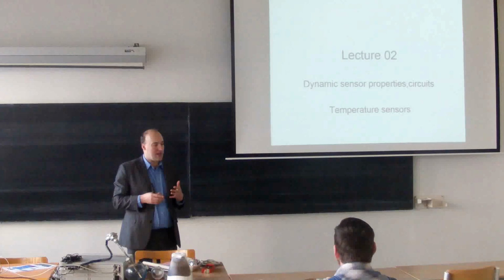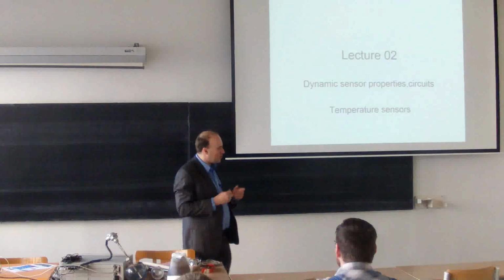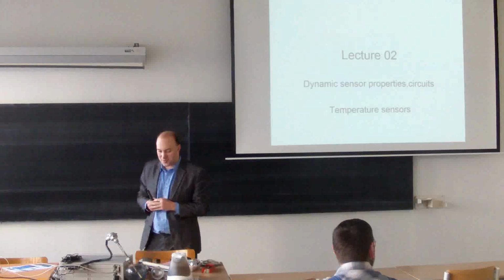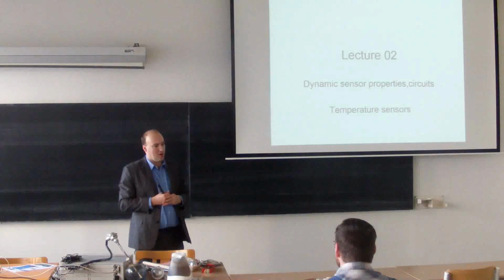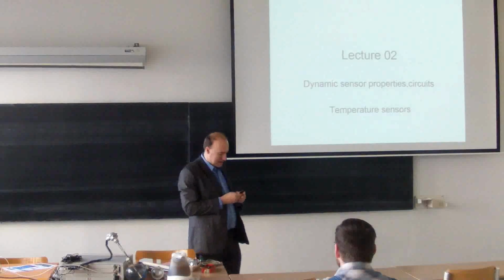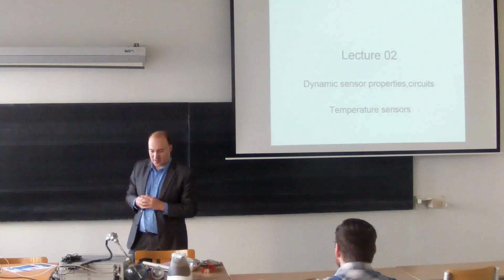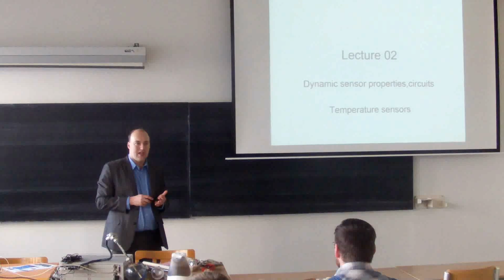Since we completed the task in the lab class, I don't think we need to go through the last three slides from last week's presentation, because it was already done in the lab class which we had last week. So today we'll go on with some more properties of sensors.